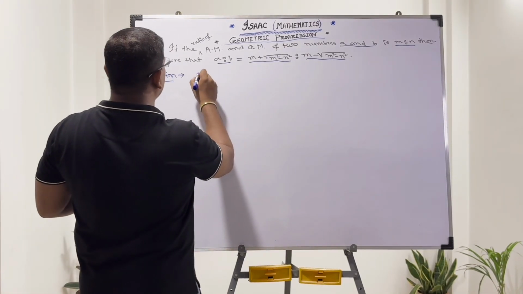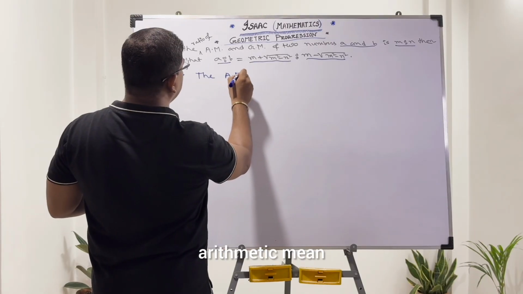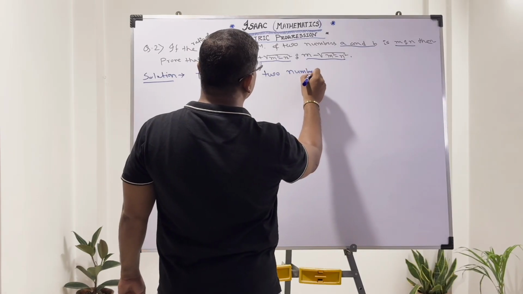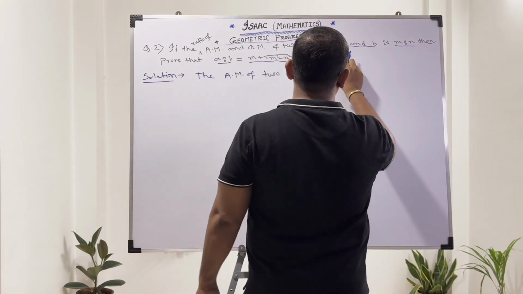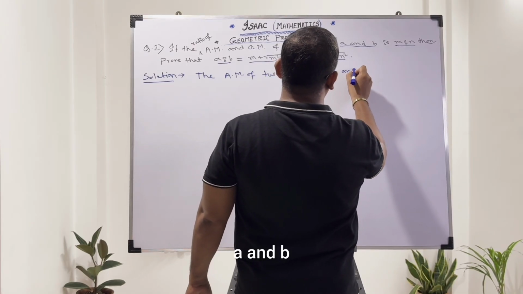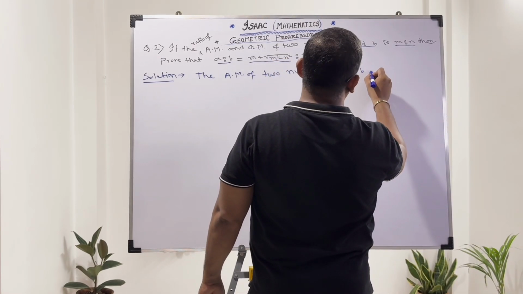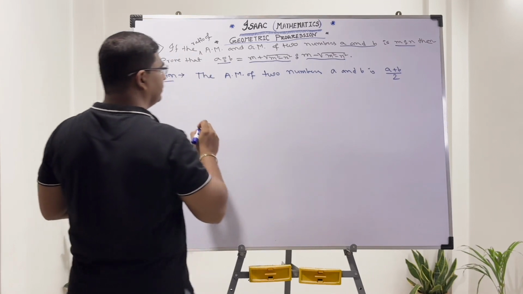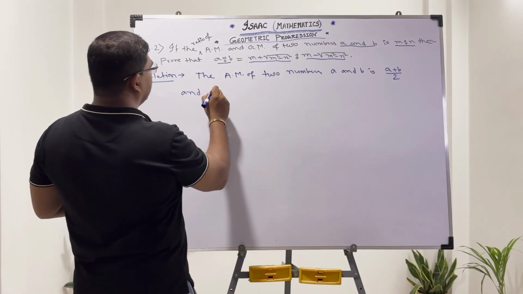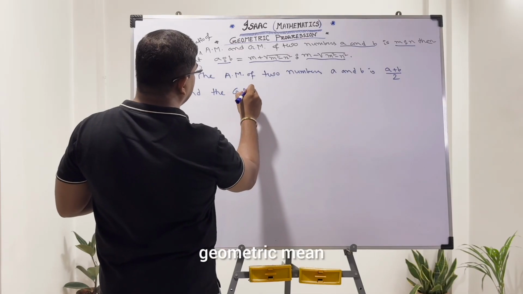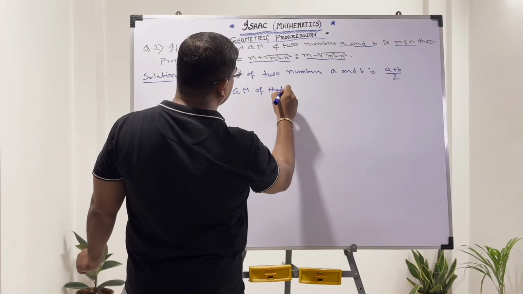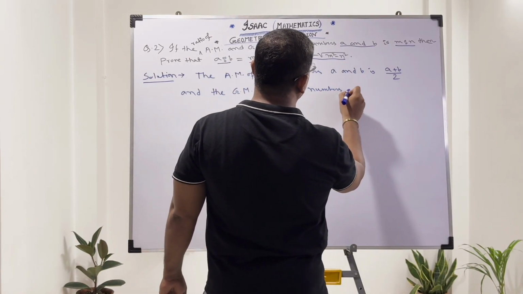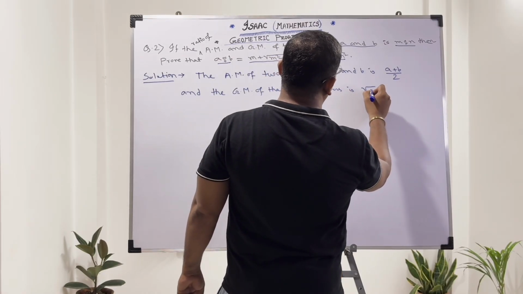Solution. The arithmetic mean of two numbers A and B is A plus B whole divided by 2, and the geometric mean of that two numbers is root over of AB.